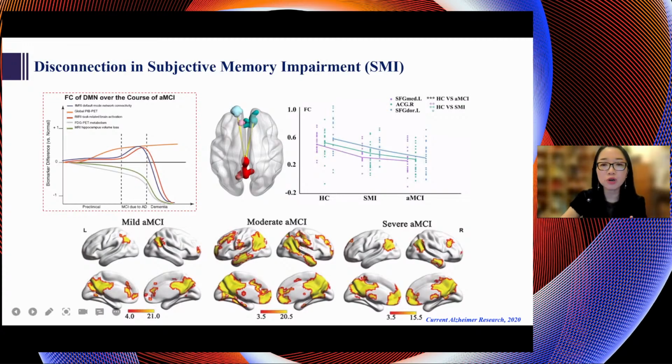Compared to normal control and AMCI, you can see they are in the middle of this process. Also, the different stages of AMCI, including mild, moderate, and severe, have different functional connectivity patterns.